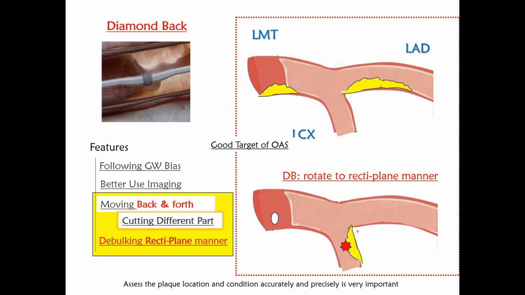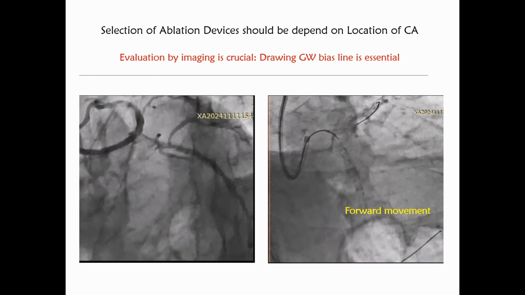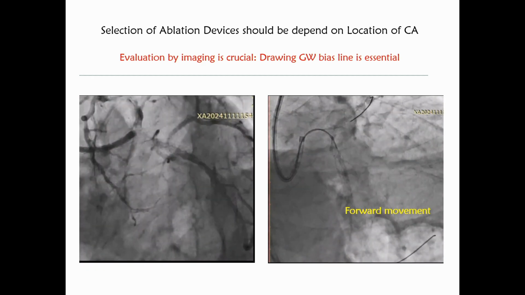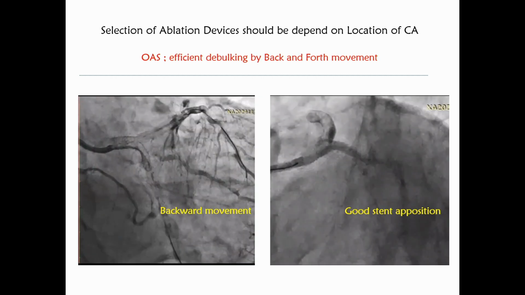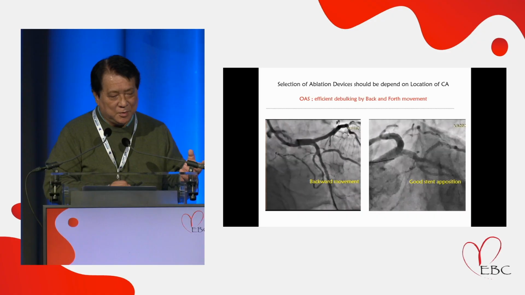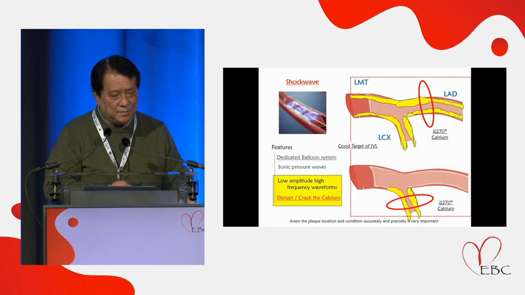If the plaque is located around here, move back and forth. This is Diamondback. And if you want to debulk more, maybe just press on the high speed. This is a case of a circumflex ostium area. Move forward, move backward. And then if you get a good vessel preparation, the stent goes easily.